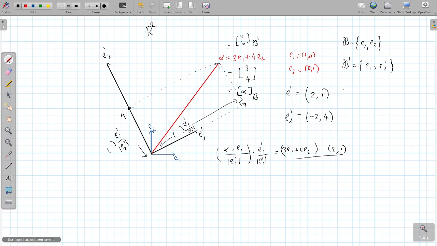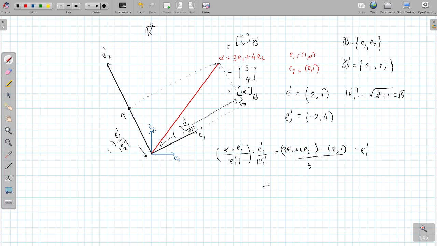The modulus of e1 prime is obtained from this itself, that is root of 2 squared plus 1 squared, that is root 5, then squared is 5, so we have 5 here, times e1 prime.